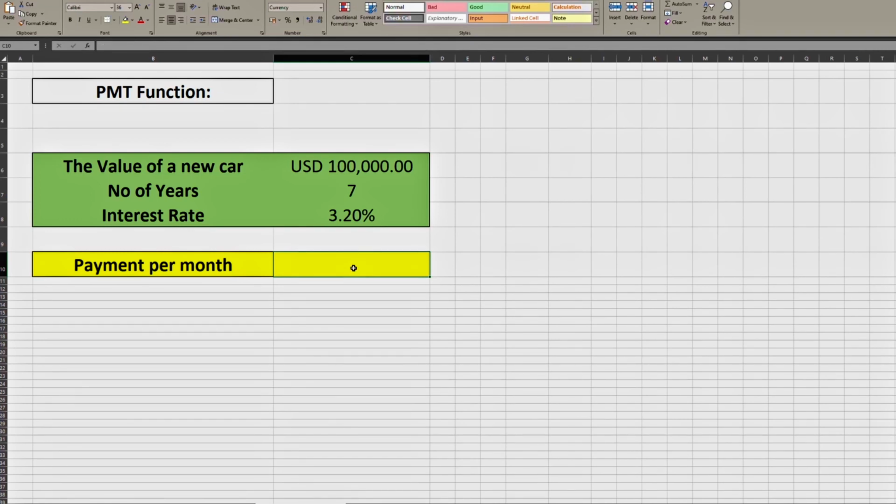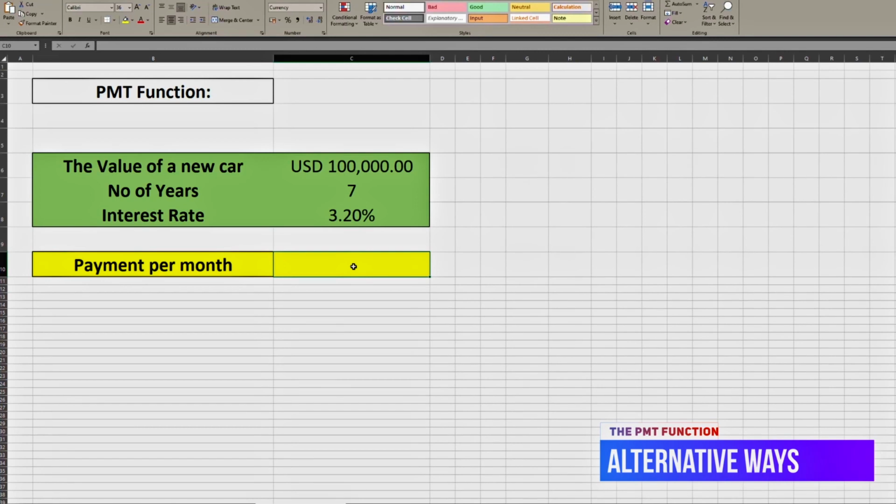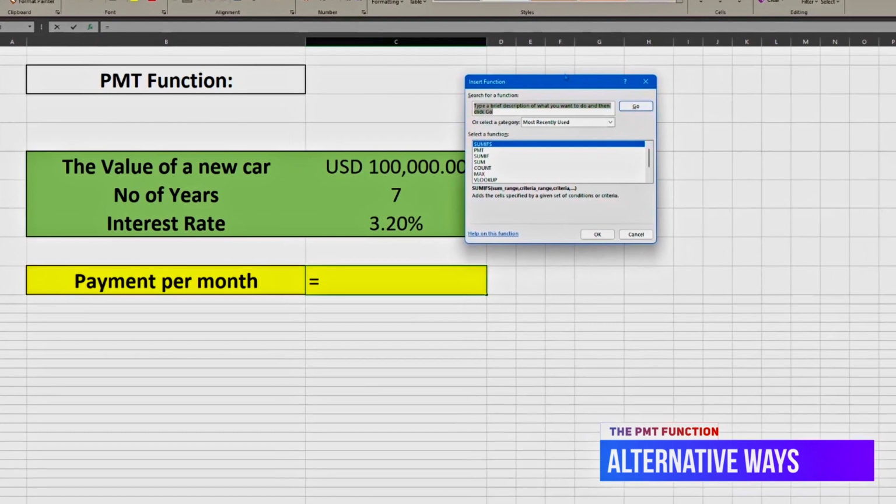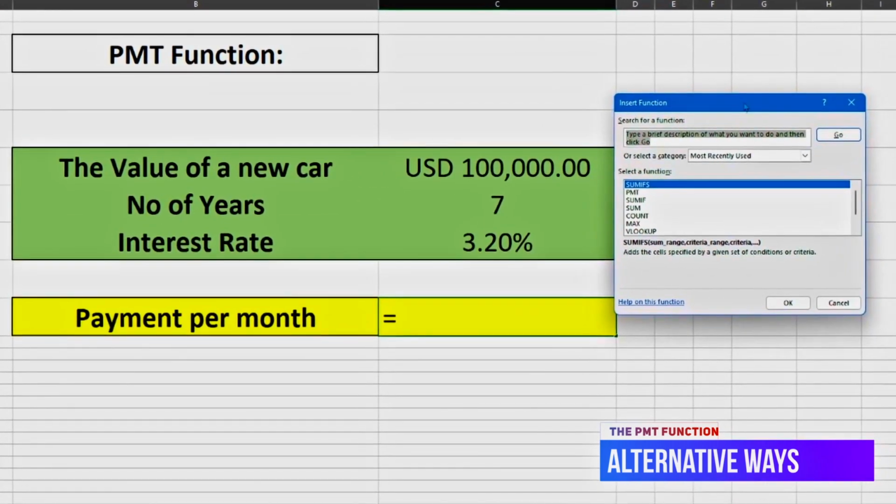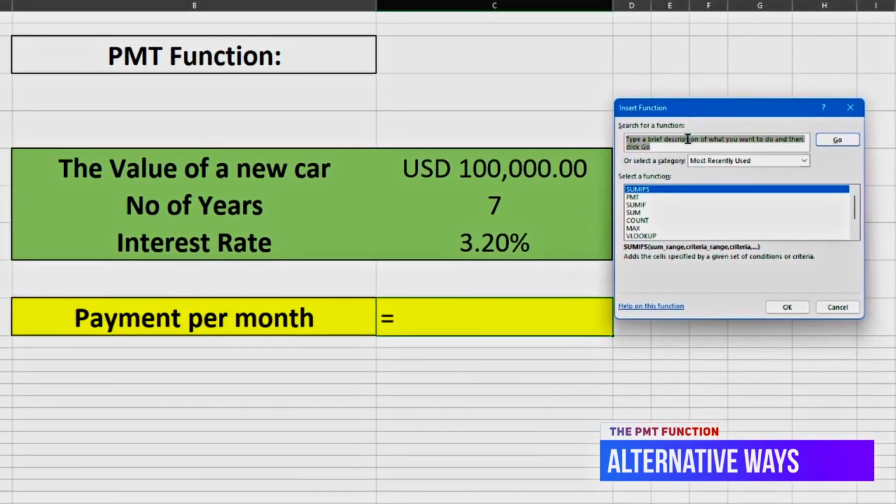Now we are going to move on to an alternative way to calculate the payments of a loan per month. We are going to click the cell where we want to invoke the formula, go up on top to insert function and click FX. This kind of dialog box is going to appear.